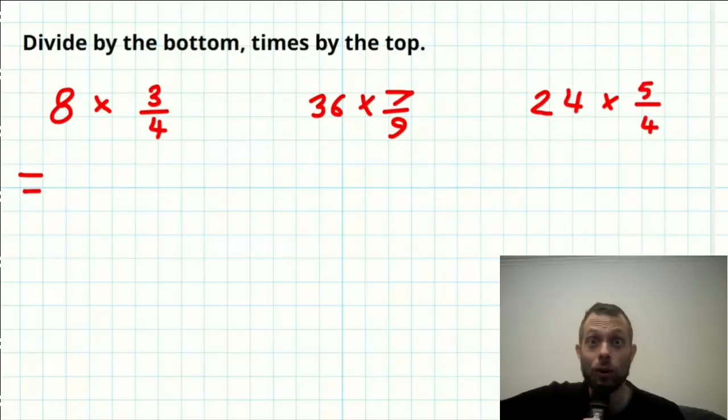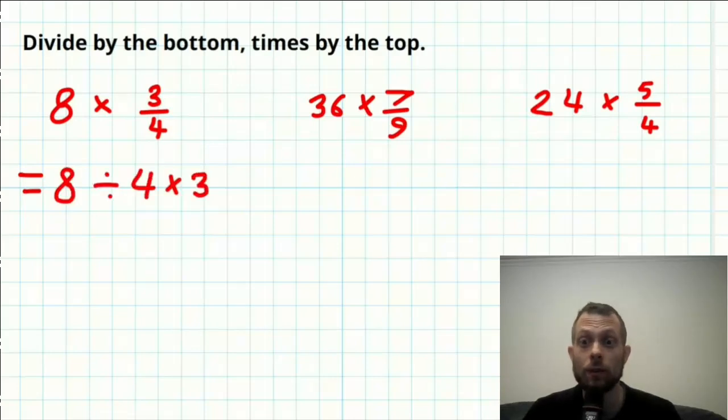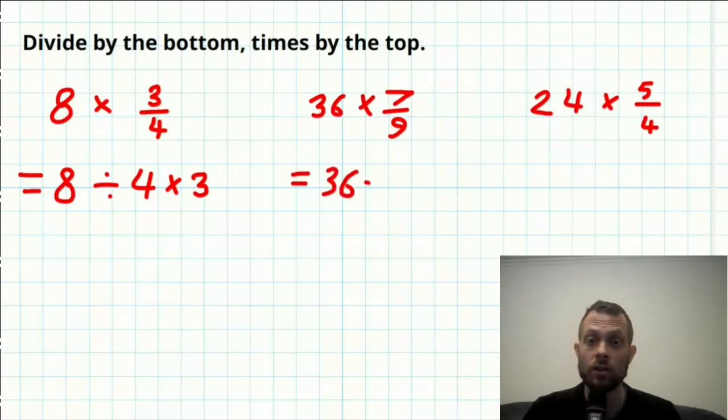Let's try a few more. Are you ready? 8 times 3/4 would be 8 divided by 4 times by 3. Let's look at the next one before we get to the answer. 36 times 7/9 would be 36 divided by 9 times 7. And then 24 times 5/4.